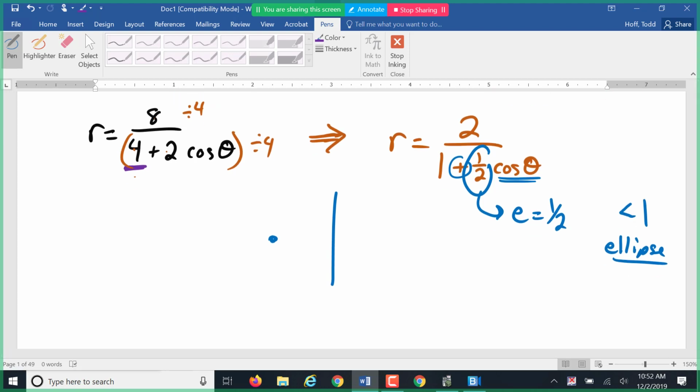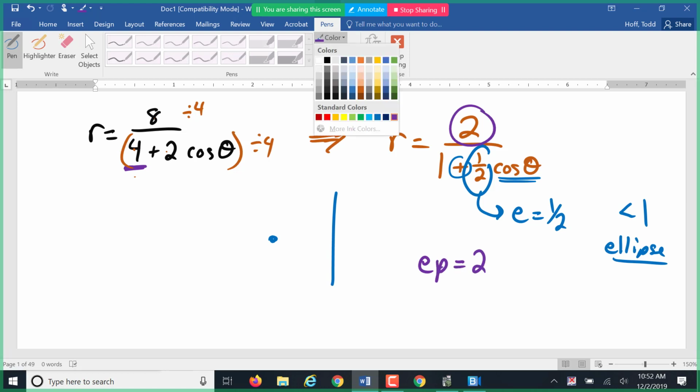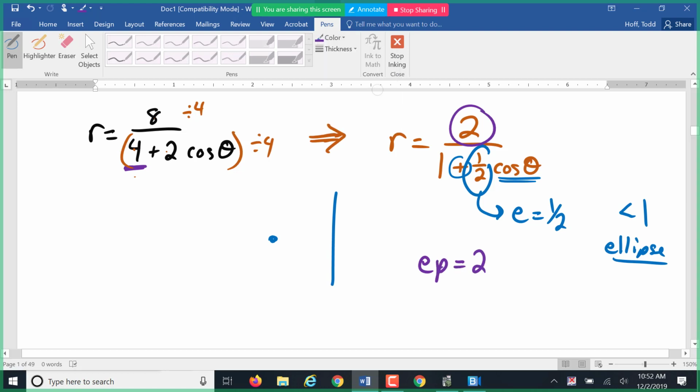So, all we have left is that 2 up there. What does that 2 stand for? That's EP equals 2. Well, if E is 1/2, EP is 1/2 times P equals 2. Dividing by 1/2 gives us P equals 4.